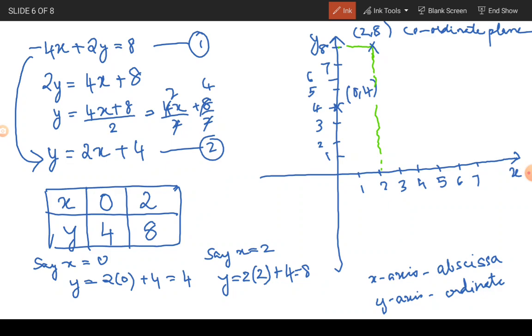Now that you have got 2 points, 0, 4 and 2, 8, simply take a ruler. Okay, sure, that is not a very straight line. So, simply take a ruler, draw a straight line connecting the 2 points that you have located and extend the line on either side, and you will get your function minus 4x plus 2y equals 8.